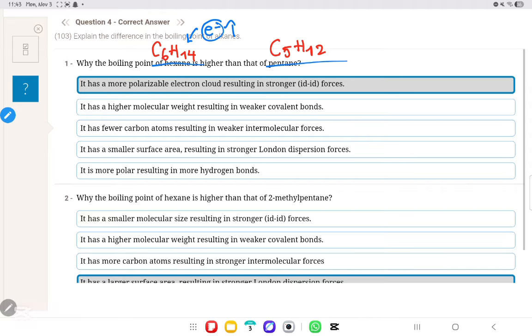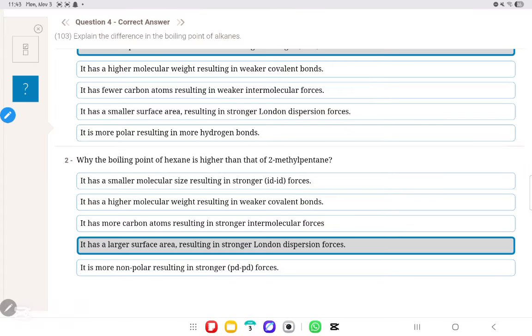And we said, the more electrons we have, the larger the electron cloud. The larger the electron cloud, the more polarizable it is. The more polarizable it is, the stronger the ID forces are. The stronger the ID forces are, the more heat we will need to break the bonds. The more heat we need to break the bonds, the more the boiling point will increase. Okay, so this is basically the explanation.